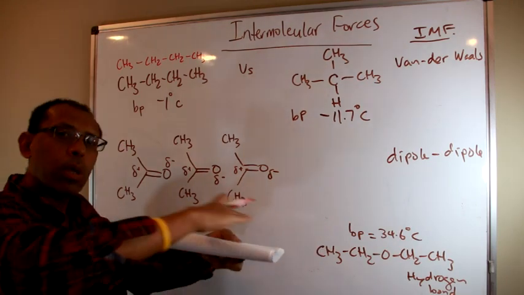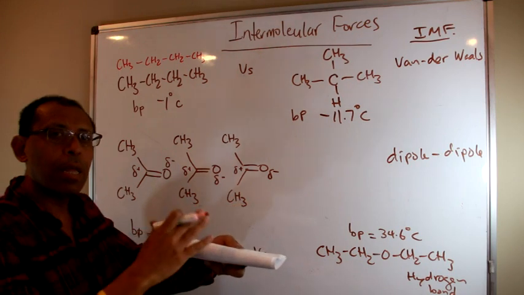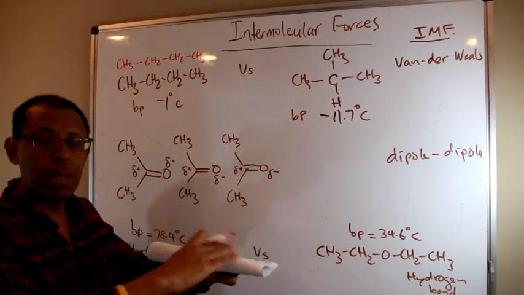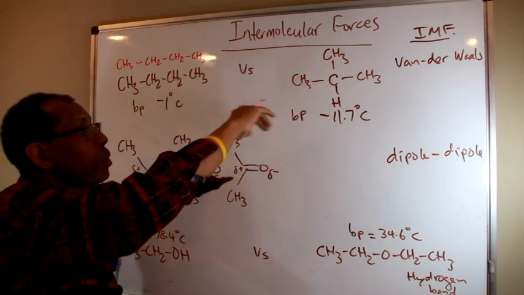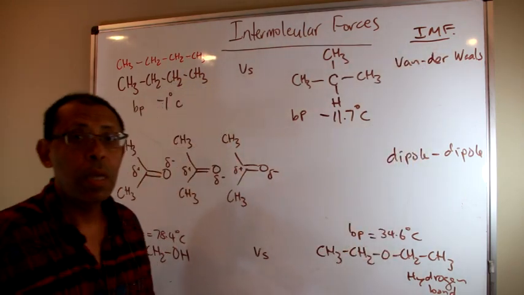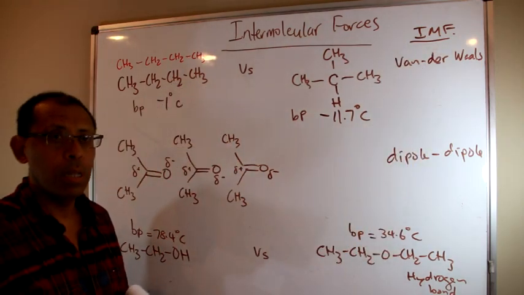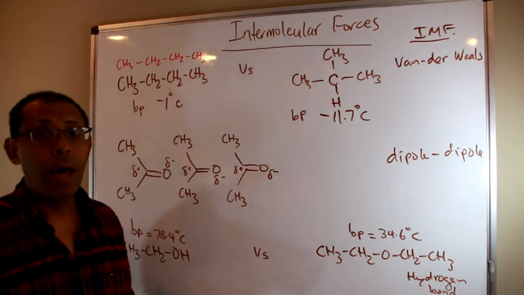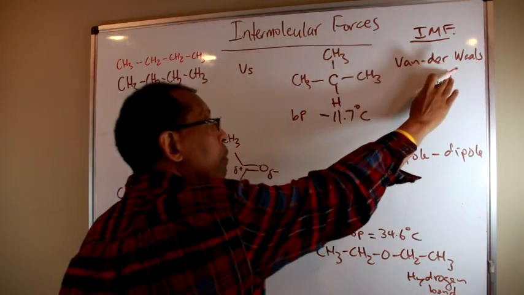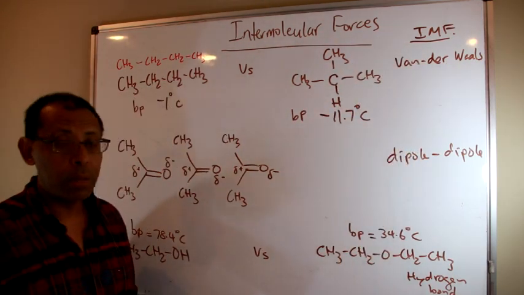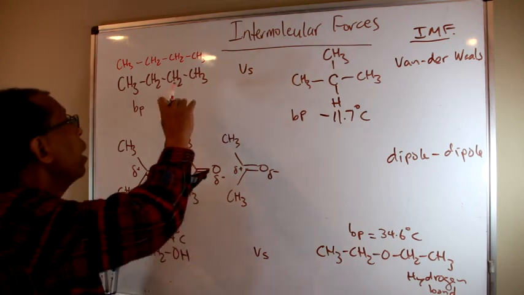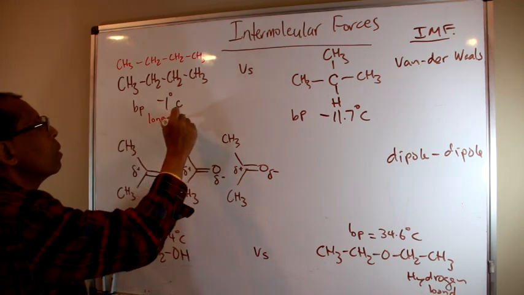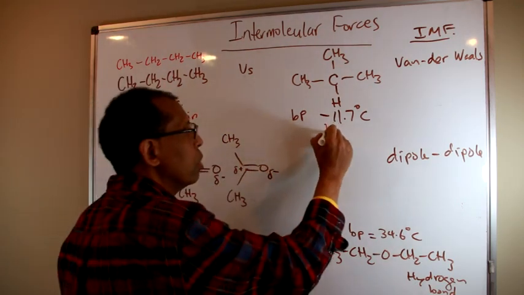So if another molecule comes on top of this, that transient charge would make an electrostatic interaction with the other one. Therefore, that interaction, called van der Waals forces, is due to a transient, not a stable or strong permanent, charge. So van der Waals forces would be higher in a straight chain. So this is a long chain, but this one is branched.